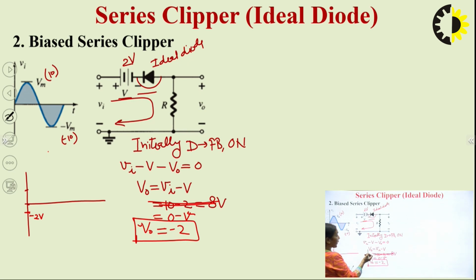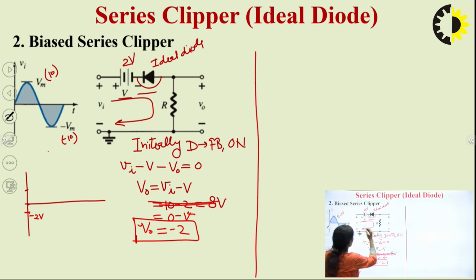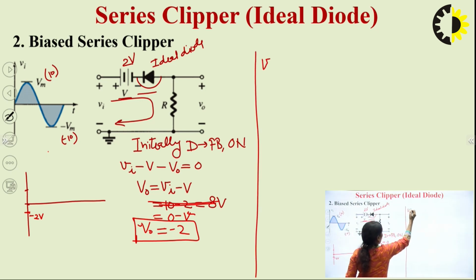Now, if I keep on increasing this input signal in this direction, so as soon as my input voltage increases, I can say that my Vi is greater than V volt.